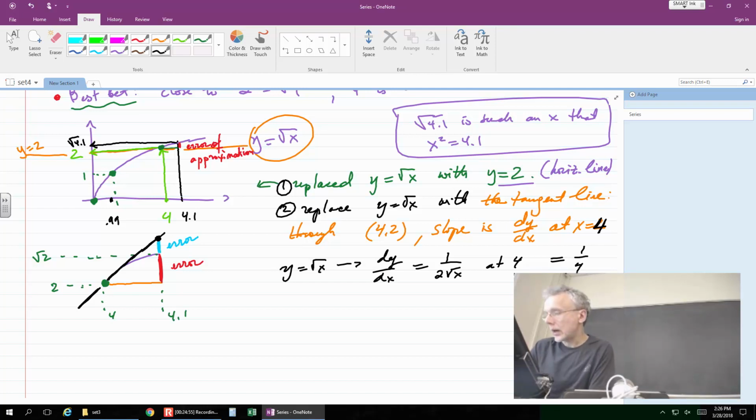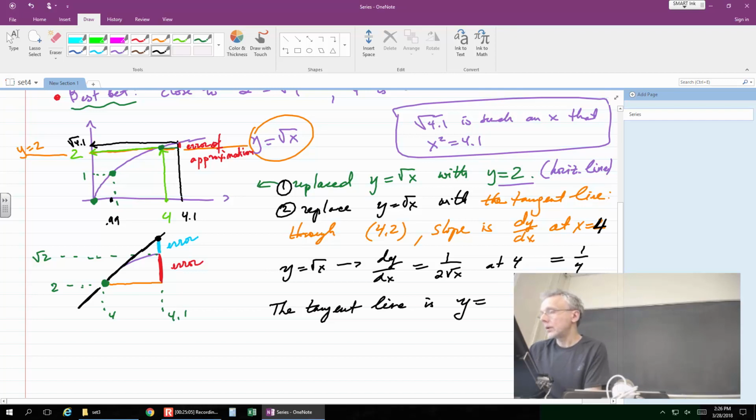Okay, so the tangent line is then y equals, what is it? Point slope form. What's the formula? What's the point slope form of a straight line?